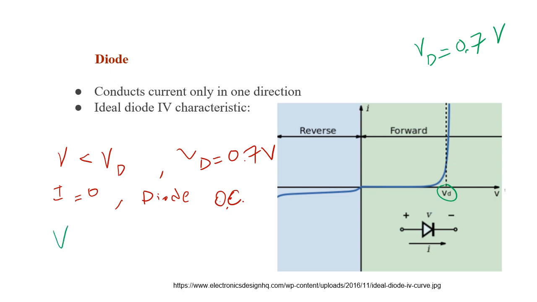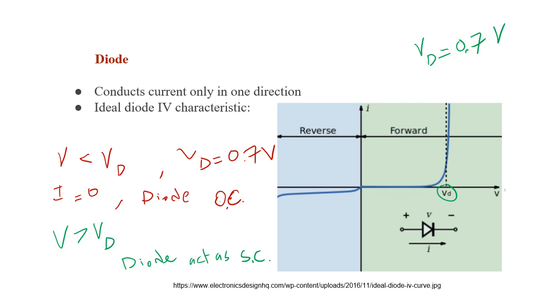When the voltage across the diode exceeds the threshold voltage VD, then the diode will act as a short circuit. That means it will start conducting current across it.